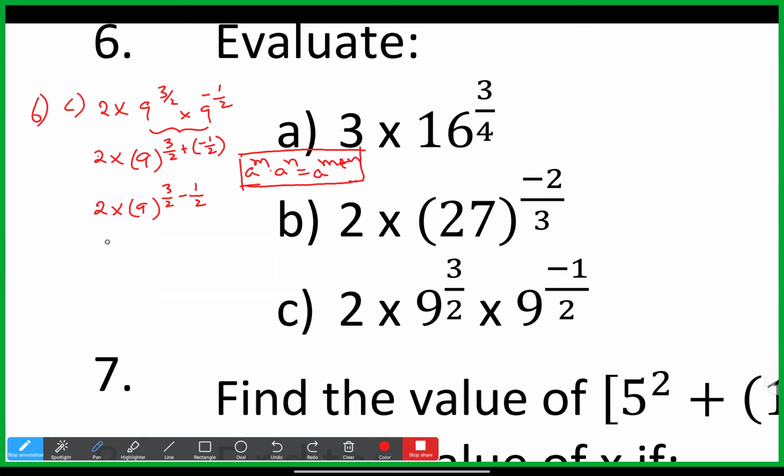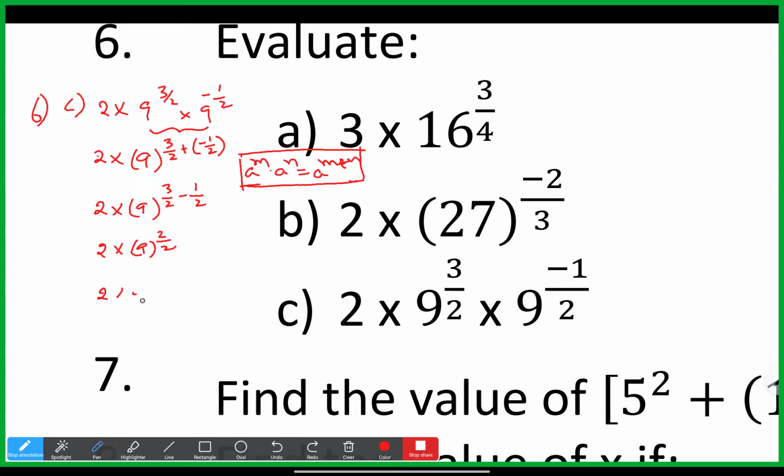So what I have to write now? 2 into 9 power 2 by 2. Yes, sir. 3 minus 1, 2 by 2.